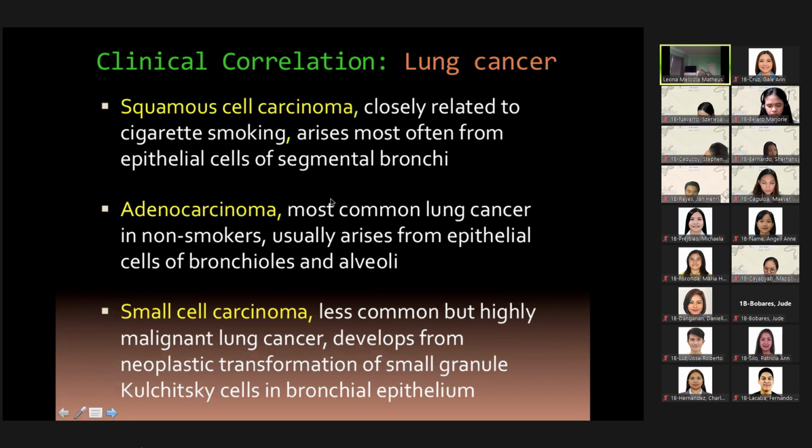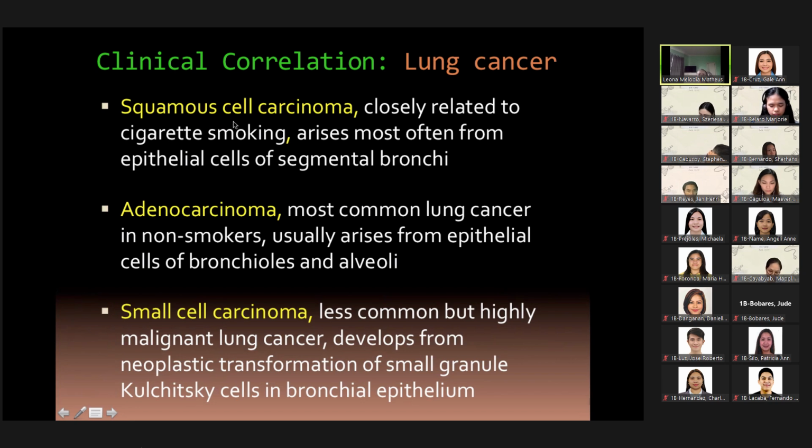Okay. Now, lastly, we speak of lung cancer. You have three types. You have the squamous cell, the adenocarcinoma, and the small cell carcinoma. The squamous cell is most common in cigarette smokers, whereas adenocarcinoma is most common in non-smokers.